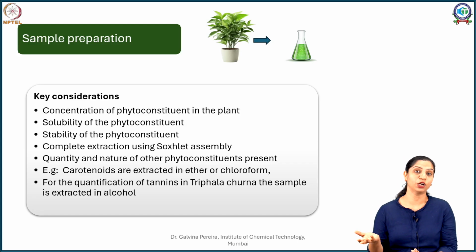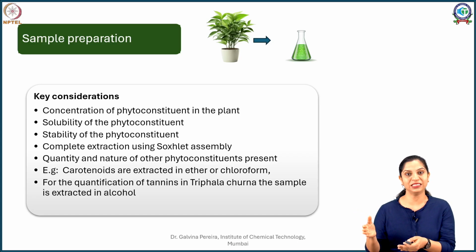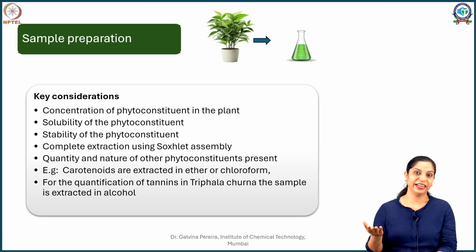So first you might need to defat it. In some cases the pigments are so intense that your actual compound will not be seen unless you remove the pigments, like chlorophyll, or in beetroot the betalains. So these deep color pigments often hinder extraction and sometimes even detection.